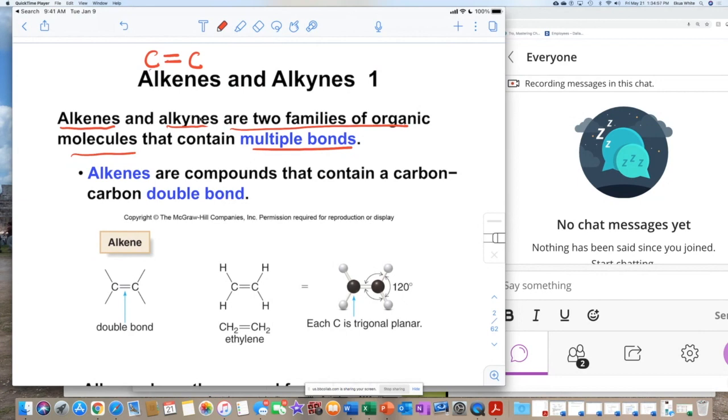This is called the carbon-carbon double bond. Then alkynes have a carbon-carbon triple bond, so you have to have at least one of those. At your level, we focus on just compounds having one alkene or one alkyne. We don't look at compounds that have multiple double bonds or multiple triple bonds. We're trying to keep it simple, okay?